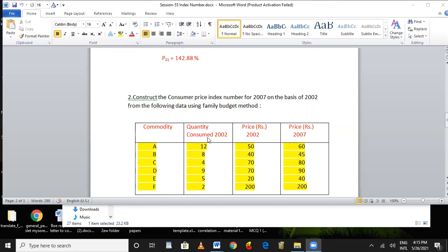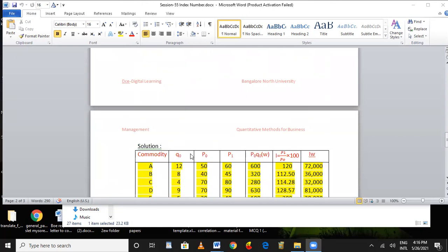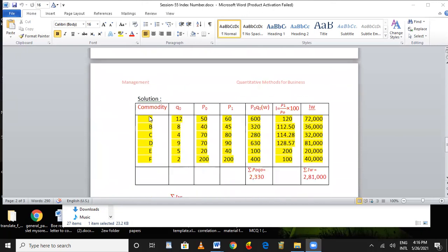Quantity for 2002: 12, 8, 4, 9, 5, 4. Price: 50, 40, 70, 70, 20, 200. Price 2007: 60, 45, 80, 90, 40, 200. So here we have taken the commodities A, B, C, D, E, F, with Q0, P0, P1.